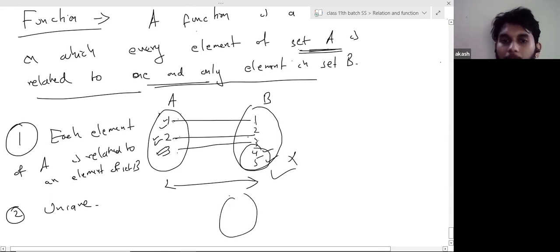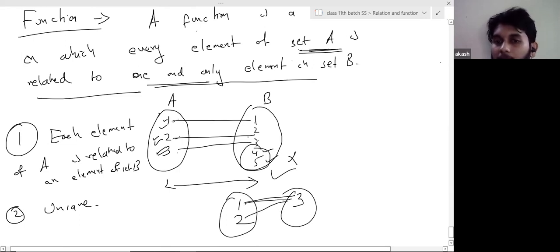We don't care about that. Also, if I write 1 is related to 3, 2 is related to 3, 1 is uniquely related to an element of B, 2 is uniquely related to an element of B. So this is also a function. We don't care if 3 is related to many elements. 1 should be connected to an element of B uniquely.